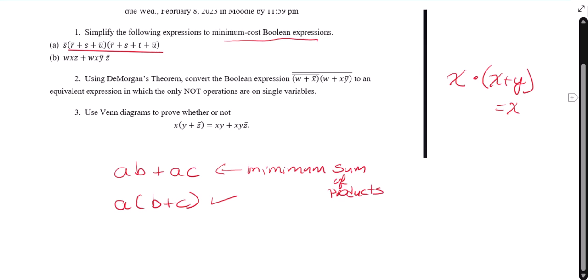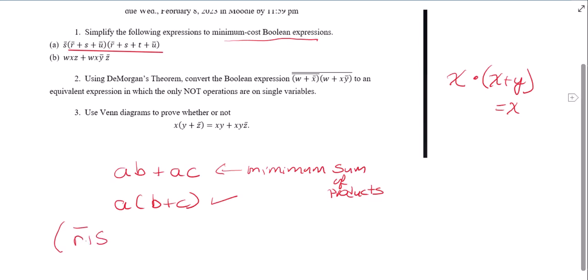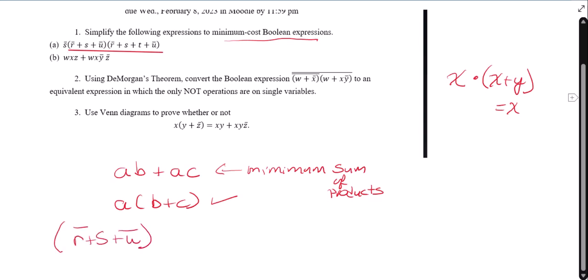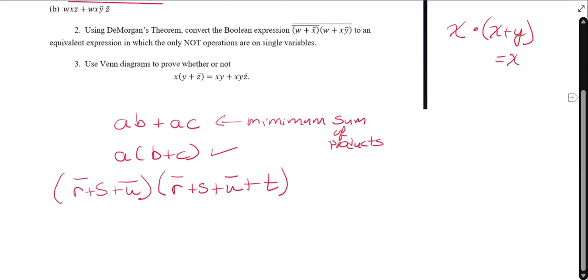So in this case, if I look at my first thing, not R plus S plus U, and then my second thing, which is not R plus S plus U plus T, I can rearrange them because it's commutative. This I can consider as x. That's x. So this is x times (x plus t), and that just equals x.